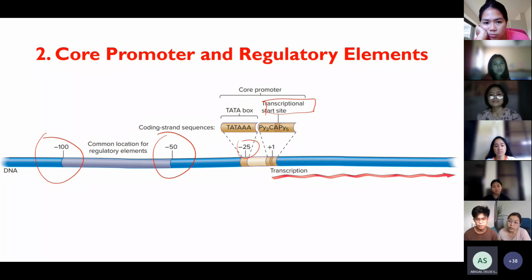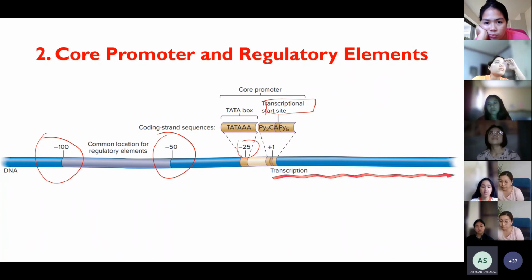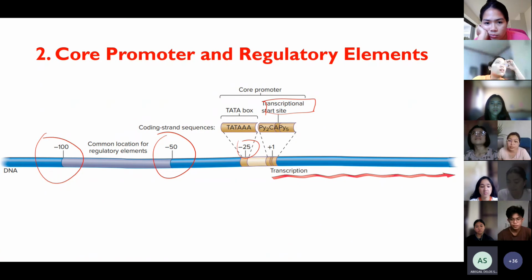The core promoter is a relatively short DNA sequence that is necessary for transcription to take place. It consists of the TATAAA sequence, which we also call the TATA box, and the transcriptional start site where the transcription begins.